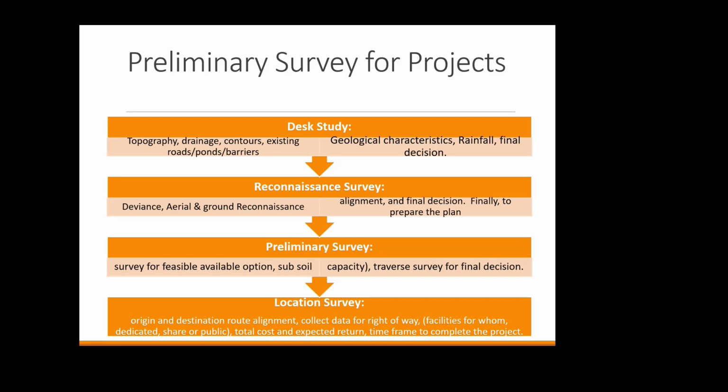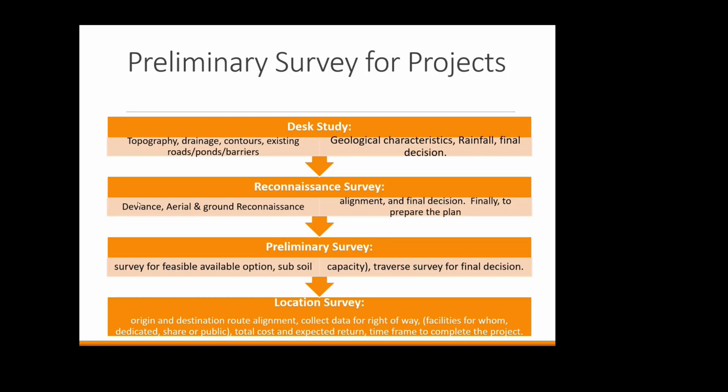So what are the important parameters which we should consider? The very first one is the desk study or desk survey. These are the four important indicators for starting any project, or for creating your own feasibility study about any project.